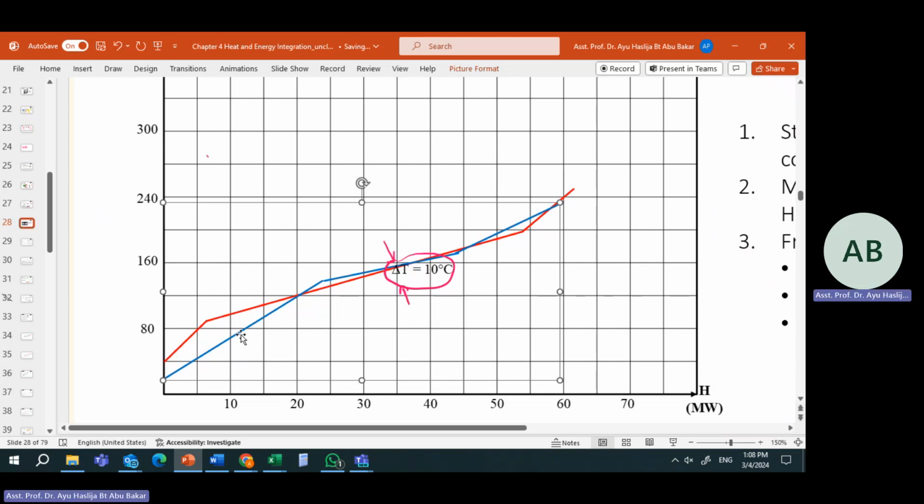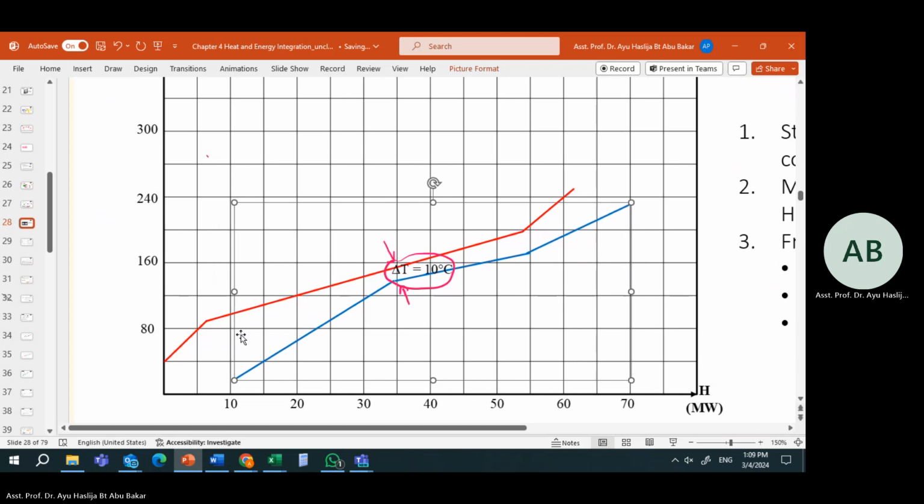Now move the cold stream until you get your delta T min of 10 degrees C. Move the whole thing, because we play around with the delta H. Now let's say here is the delta T min of 10 degrees C. Here, this area.